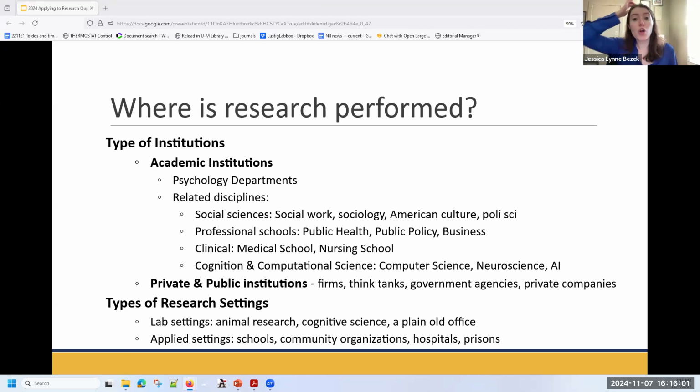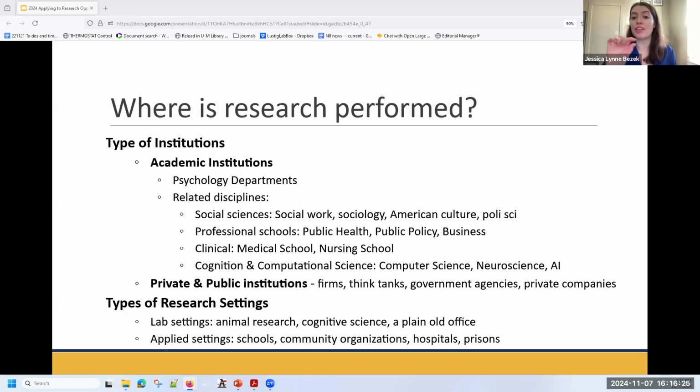And then finally, there are also research settings outside of academia. So there are both public and private institutions, things like government agencies, think tanks, private firms, schools, community organizations, right? So there are really just many avenues, I think, is the main goal that we want to get at.